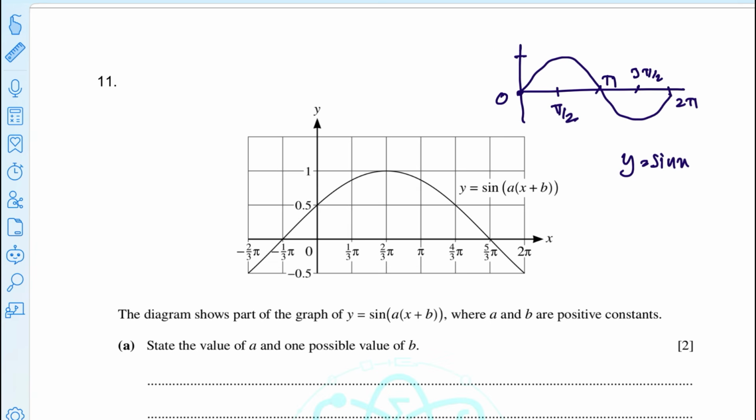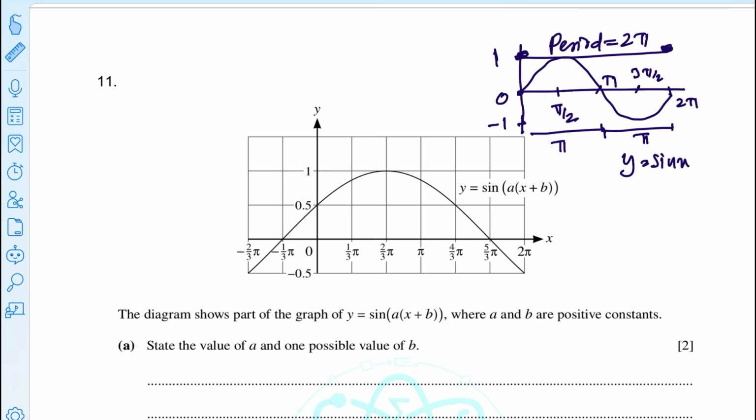The maximum height will be 1, and the minimum value will be -1. From this point, a complete curve from here to here is known as the period, which equals 2pi. And what will a half period be? This is pi. This is a basic thing we are talking about, right?